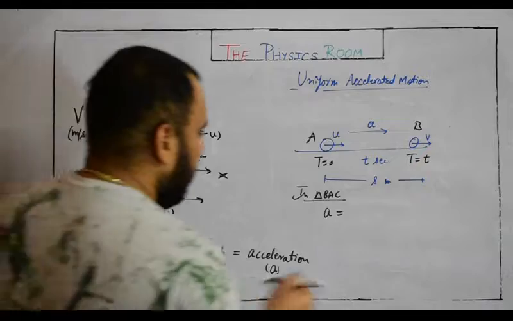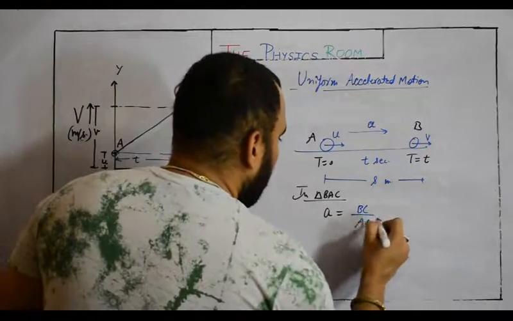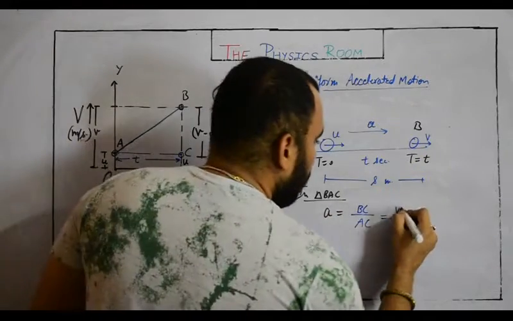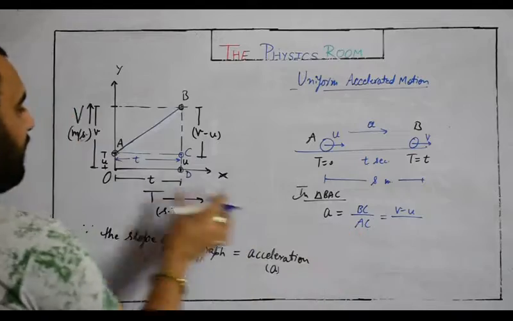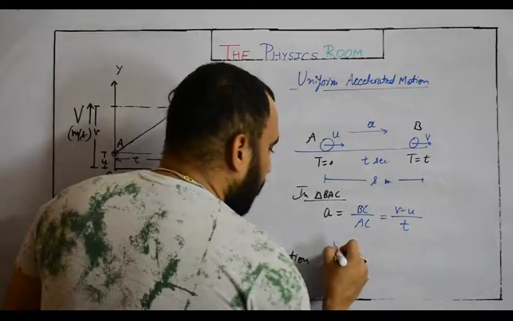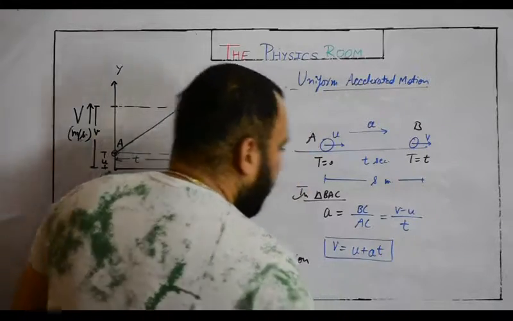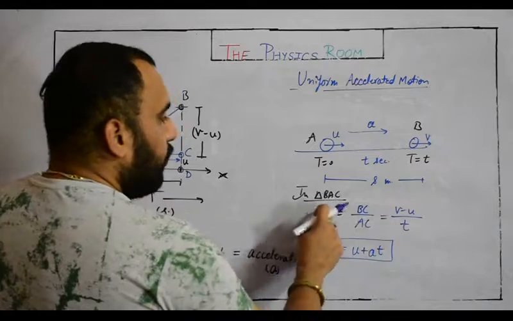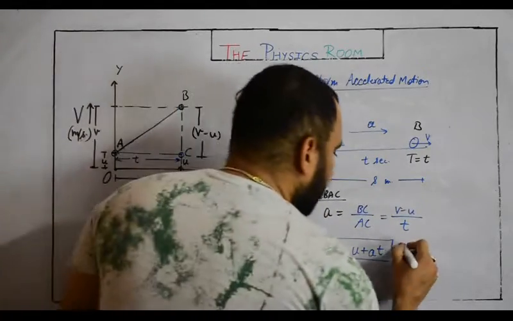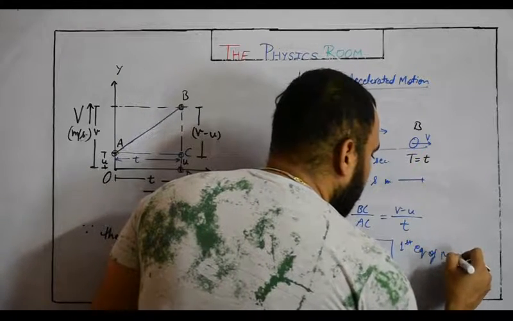Perpendicular is BC, and base is AC. Perpendicular is v minus u, and the base is t. So a is v minus u upon t, or you can write v equals u plus at, as before. So v minus u equals at, and u will become positive there. So v equals u plus at, which is the first equation of motion.